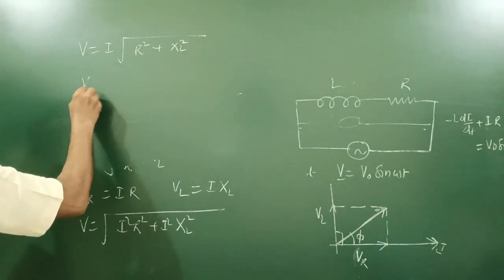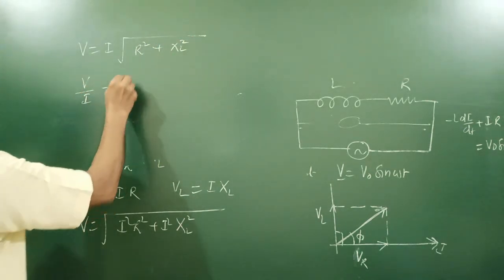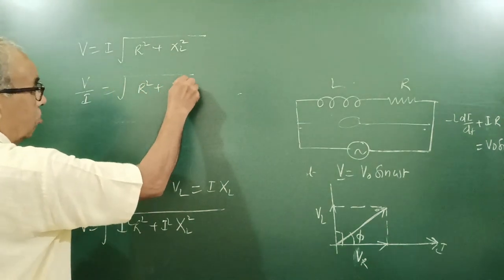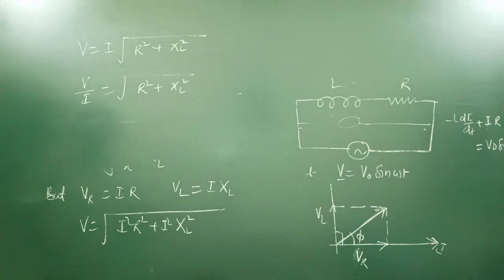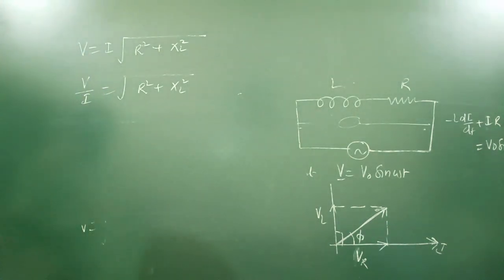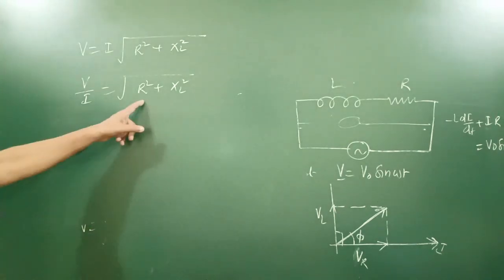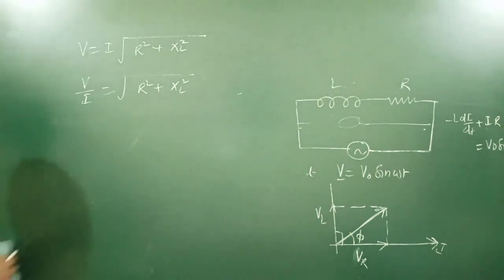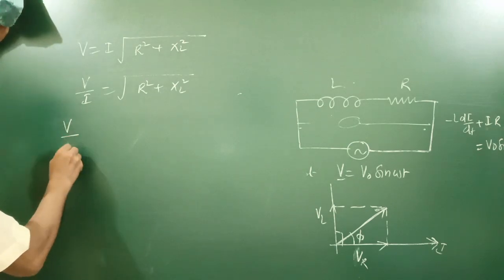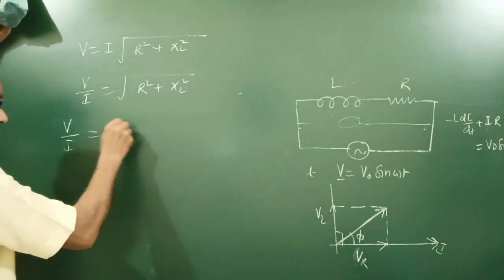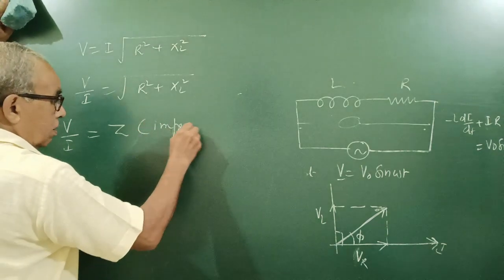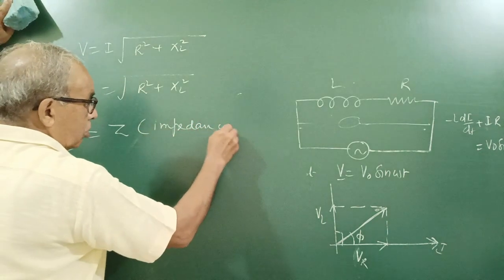Here V upon I, dimensionally V upon I, equal to resistance. But here two things are there, inductive reactance and resistance. So this V upon I here is equal to Z, called impedance of circuit.